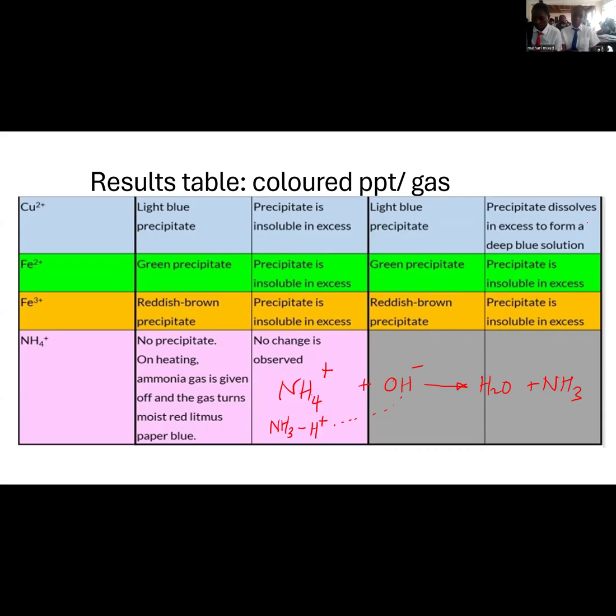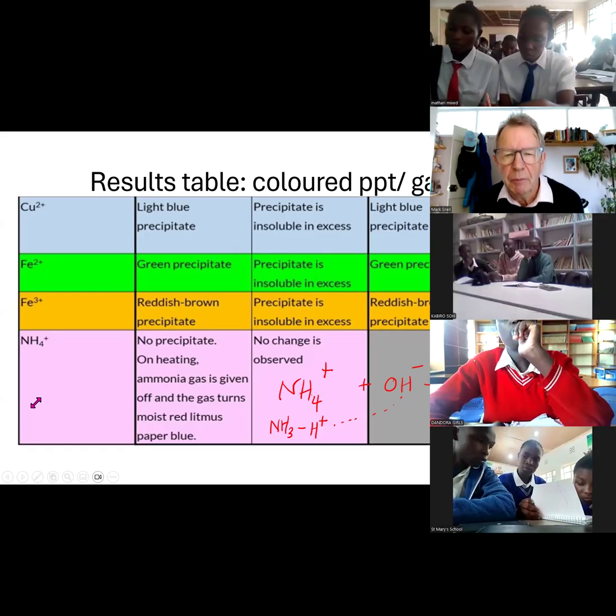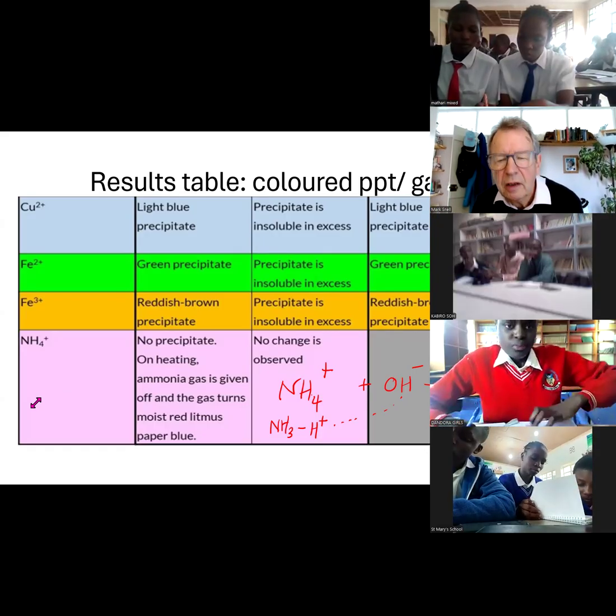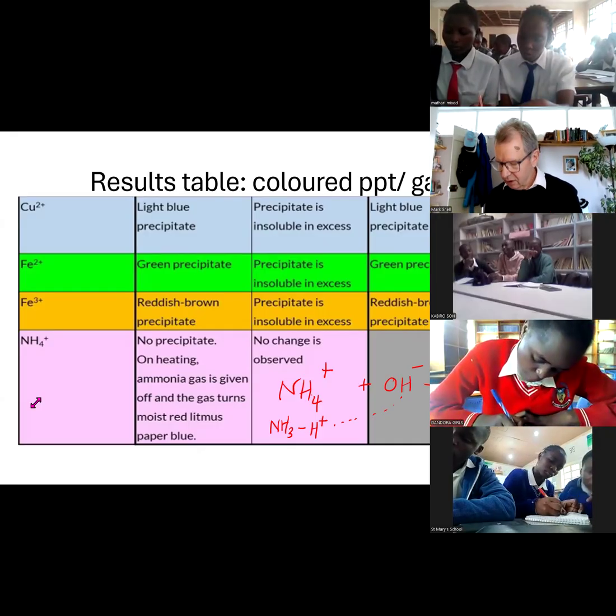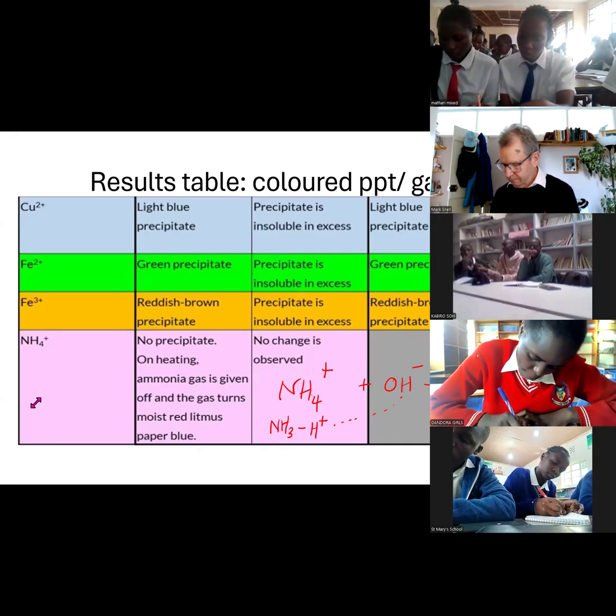Here, up there, can anybody write me the formula for the chemical which is formed there?